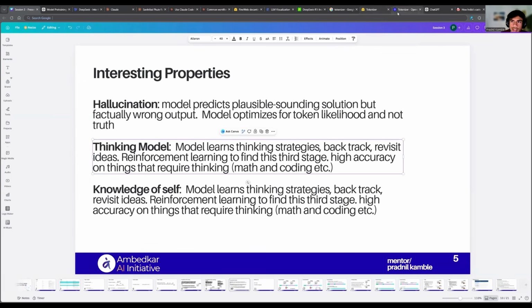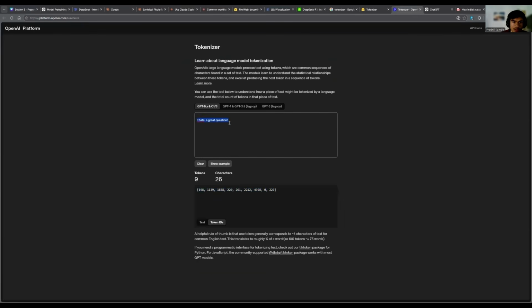Let's go back to the same question: why is the sky blue? We gave the model this input, so the model has received these tokens. The model looks at this, finds similar tokens, predicts the next word, and tailor makes our answers.